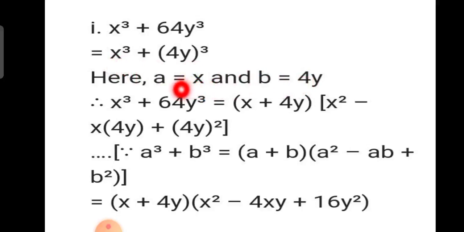So wherever a is there we will substitute x, wherever b is there we will substitute 4y. So here we are going to use the formula a cube plus b cube is equal to a plus b, a square minus ab plus b square. So x cube plus 4y cube is equal to x plus 4y, x square minus x multiplied by 4y plus 4y square, and that will be equal to x plus 4y, x square minus 4xy plus 16y square.